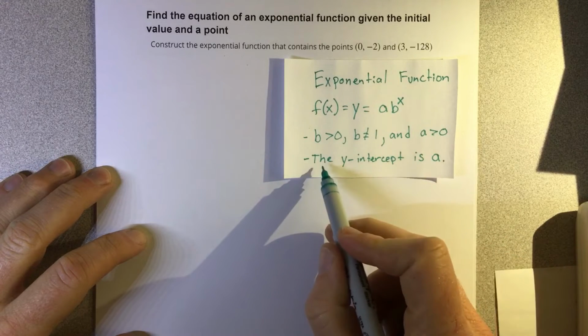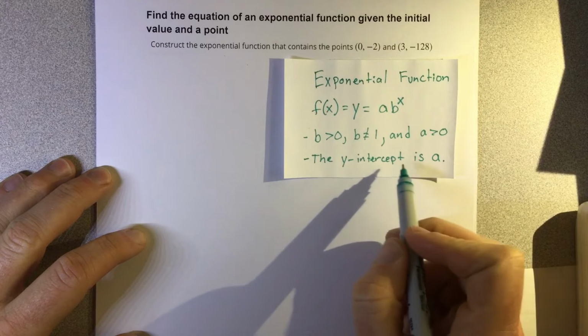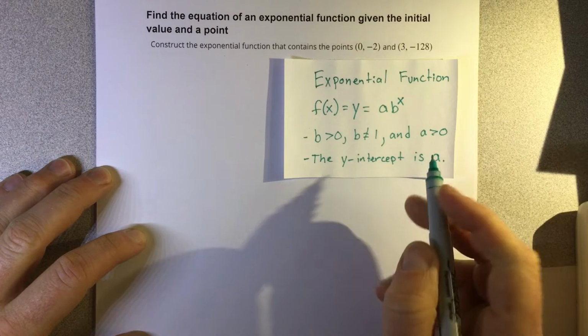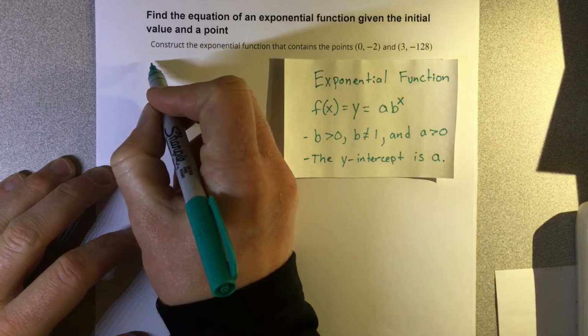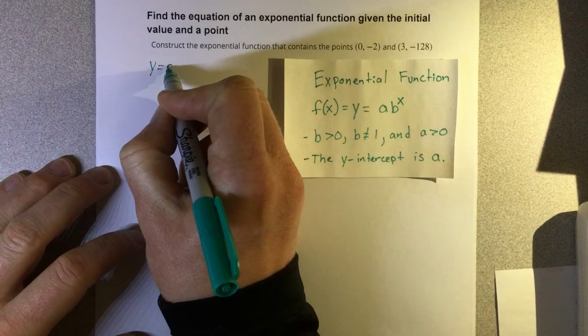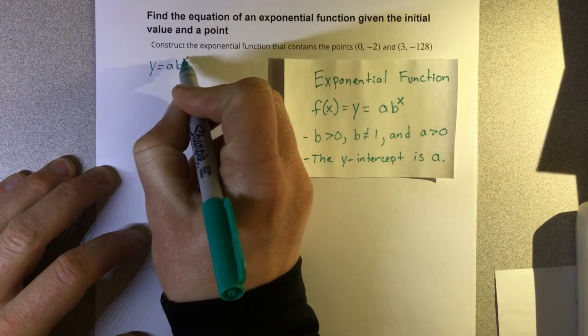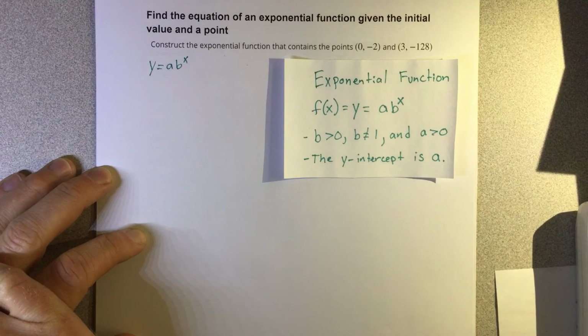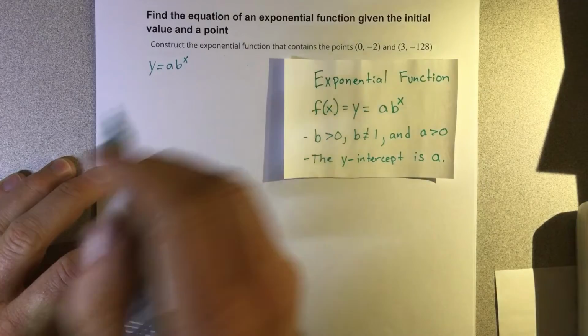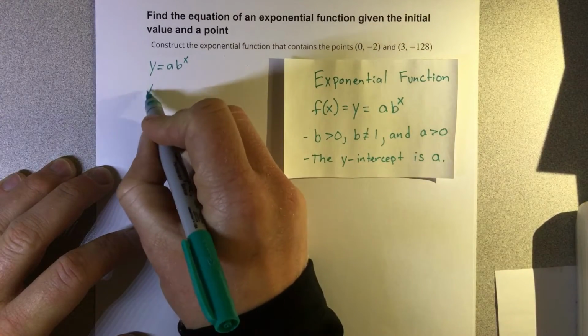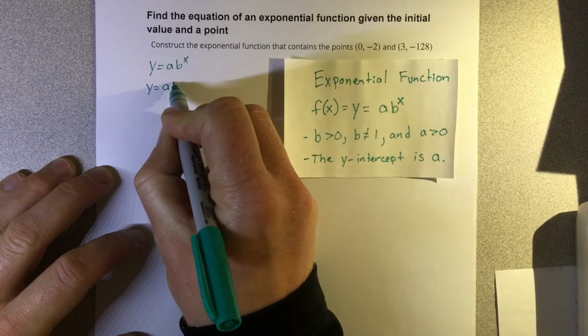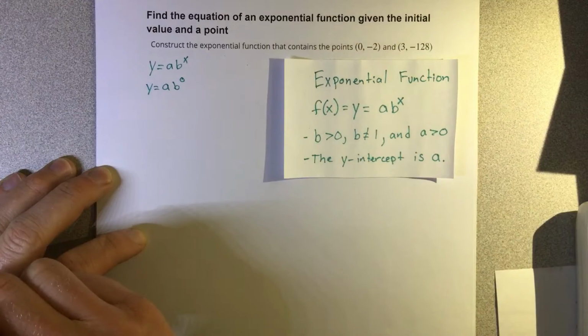And then there's one thing to note, that the y-intercept is a. The reason the y-intercept is a is because if you take the original function, y equals a b to the x, and you try to find the y-intercept, to find any y-intercept, you substitute 0 for x. So you would substitute 0 for x there, and that would be a b to the 0.